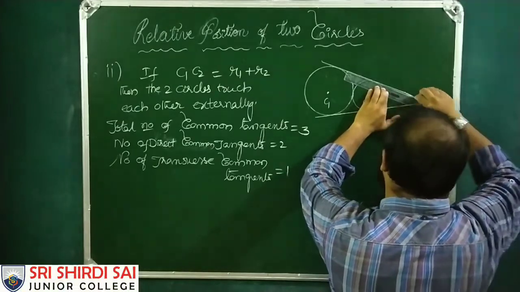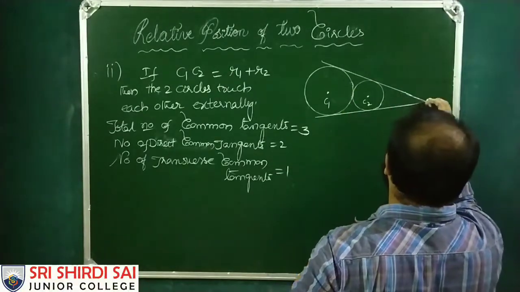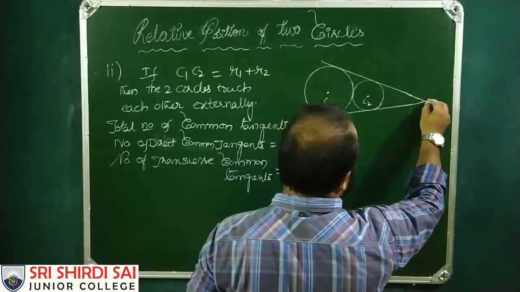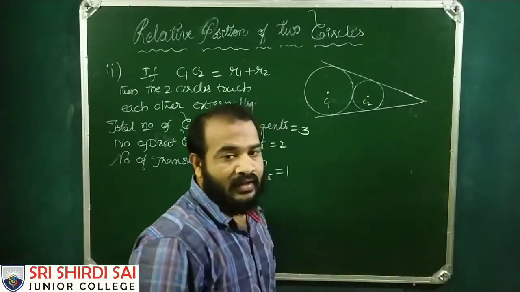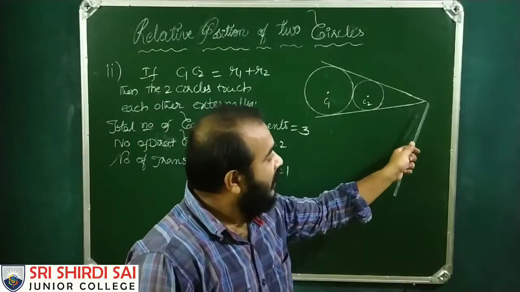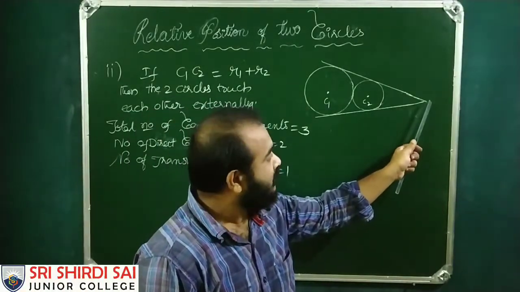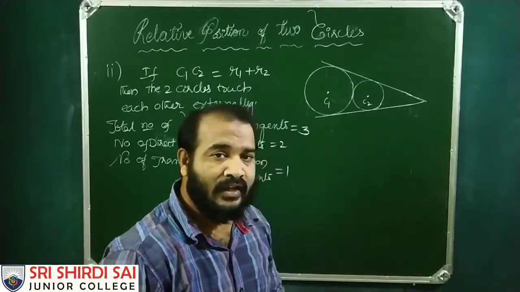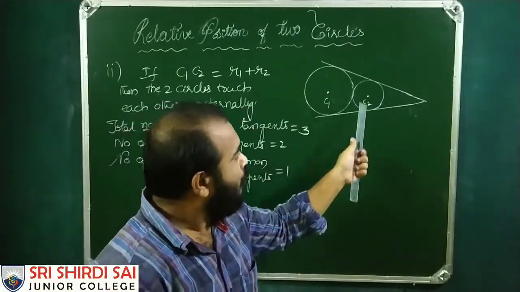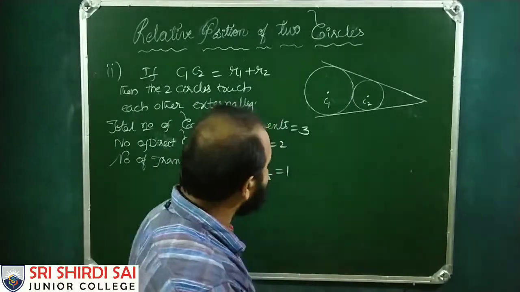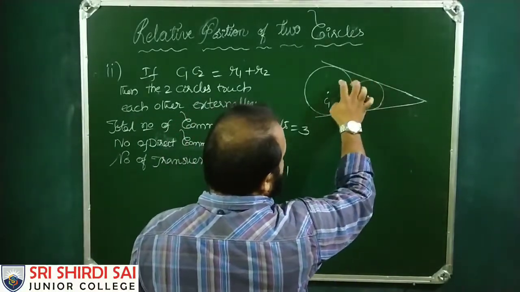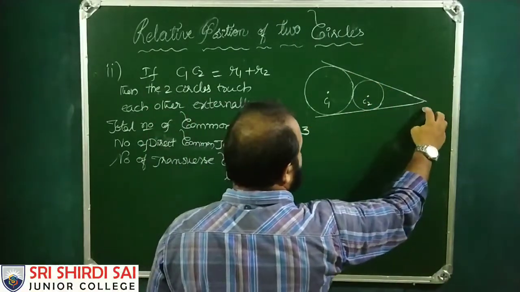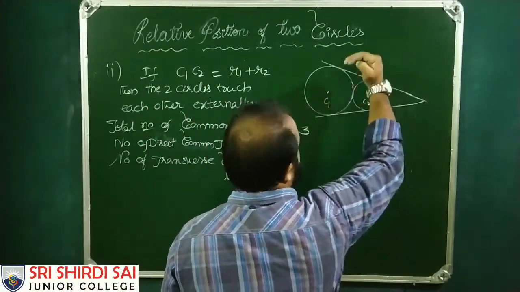Let them meet at one point. This is called the external center of similitude. The external center of similitude is the point of intersection of two direct common tangents. Can you guess why these two lines are direct common tangents? Because with respect to this line, these two circles lie on the same side, and with respect to this line, these two circles lie on the same side.